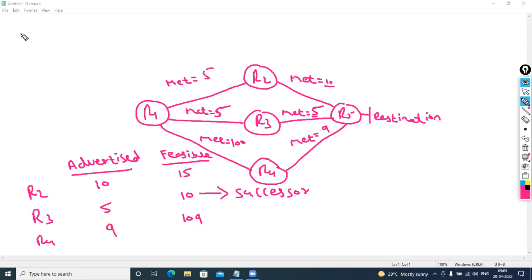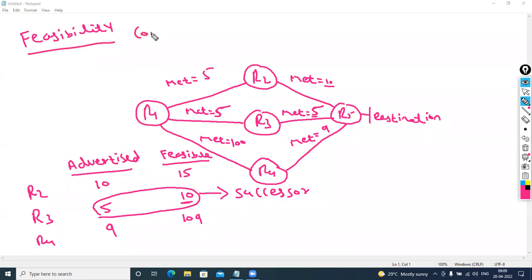So as you said, the least best path. R4 is 109. How will R4 become it? Come here.